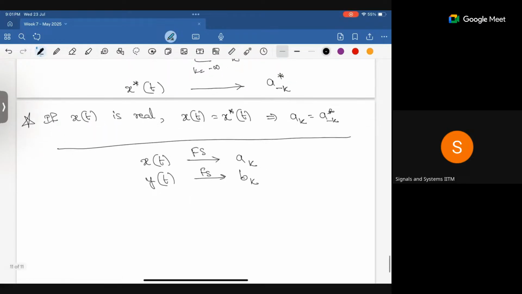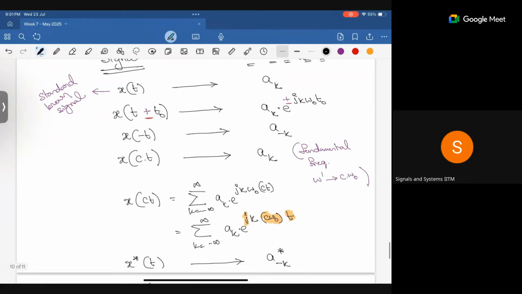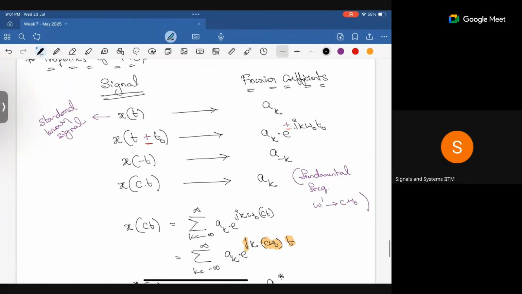Then the linear combination of these two signals, alpha times x of t plus beta times y of t, has Fourier series coefficients alpha ak plus beta bk. This also you can prove using the analysis equation. Either one of them you can use, and you can prove every property I mentioned here in 2 or 3 steps at max.